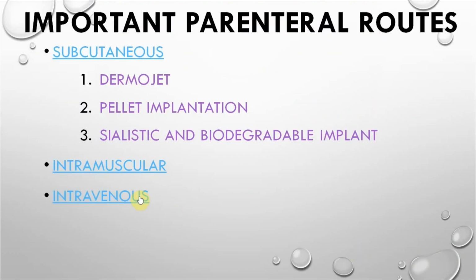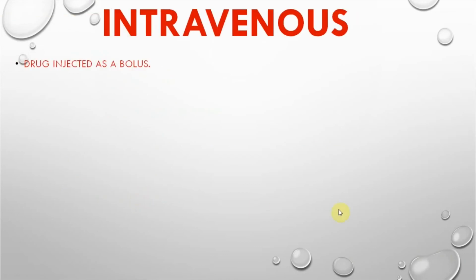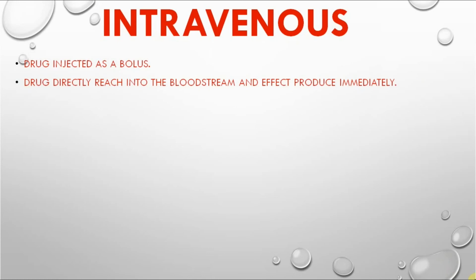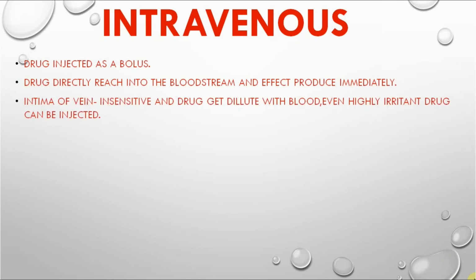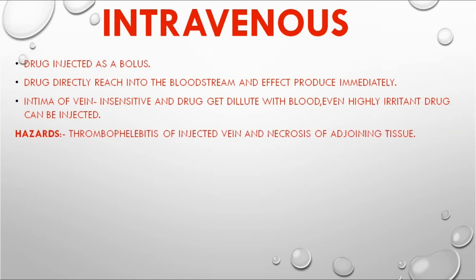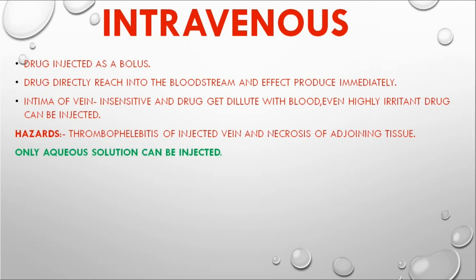Intravenous. The drug is injected as a bolus in the bloodstream and produces effects immediately. Intima of the vein is insensitive and the drug gets diluted with blood. Even highly irritant drugs can be injected, but hazards are thrombophlebitis, injected vein and necrosis of adjoining tissue.